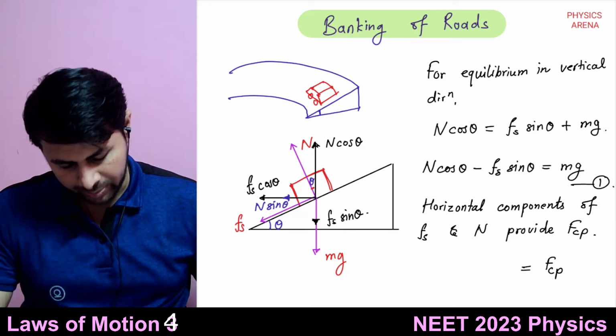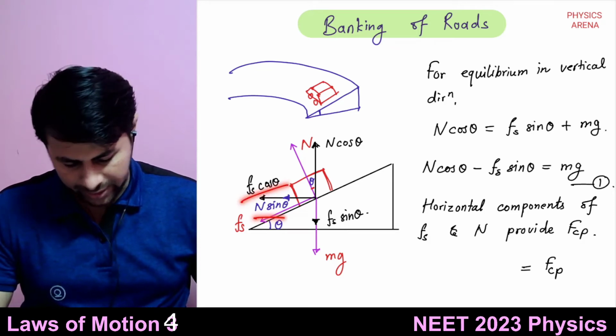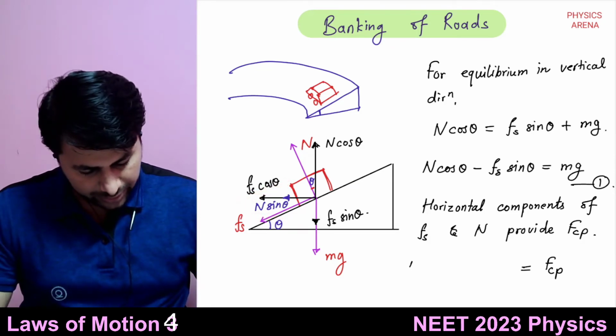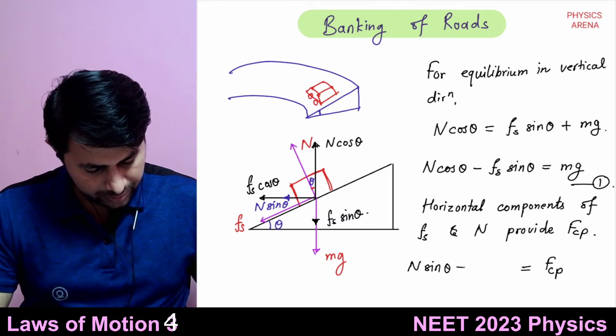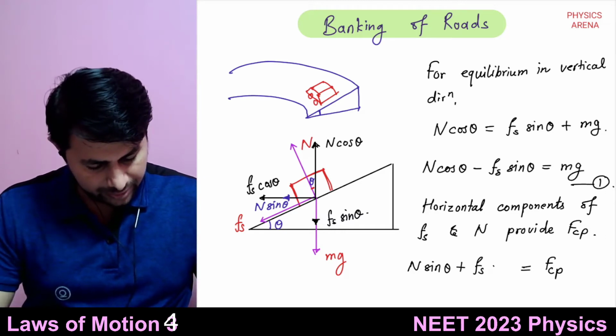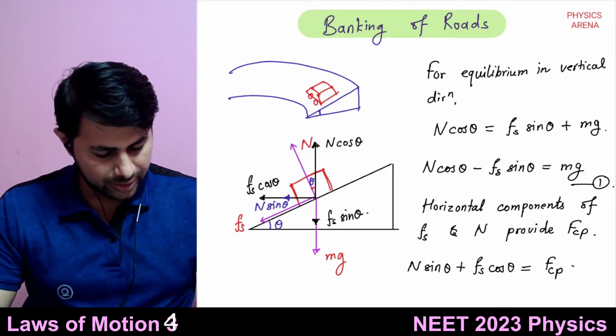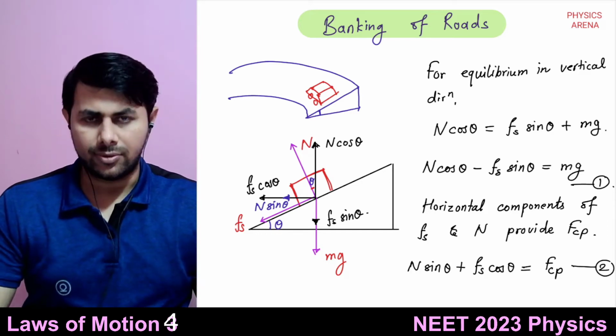The horizontal components, Fs cos theta plus n sin theta. So n sin theta plus Fs cos theta. And this is, suppose, equation number 2.